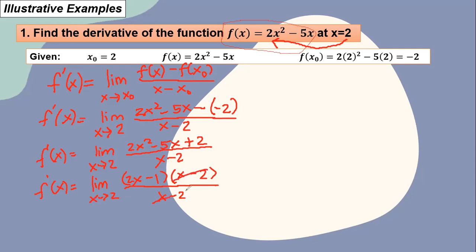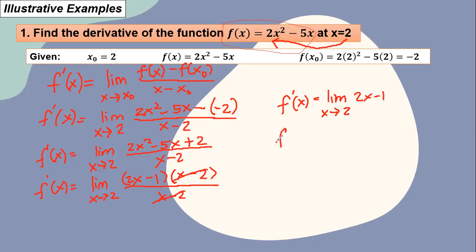So, cancel out x minus 2. Ang natira na lang is 2x minus 1. So, f prime of x is equal to the limit of 2x minus 1 as x approaches 2.